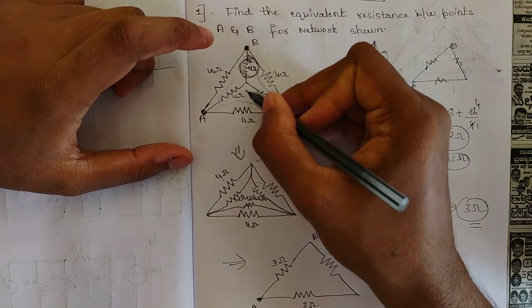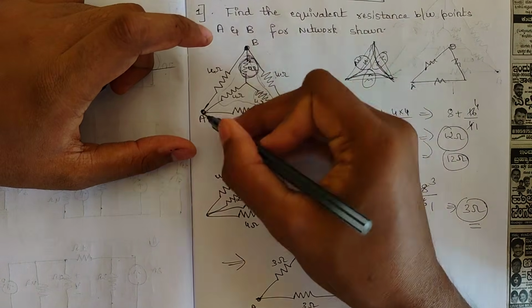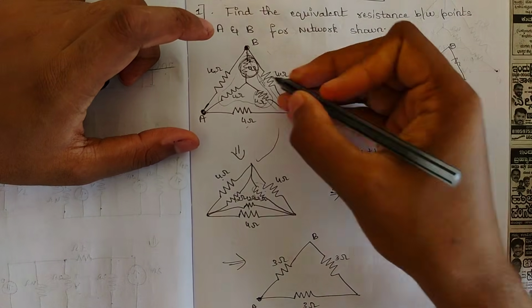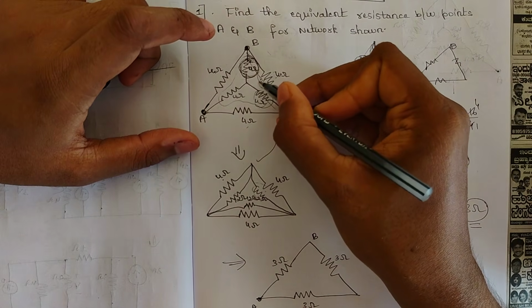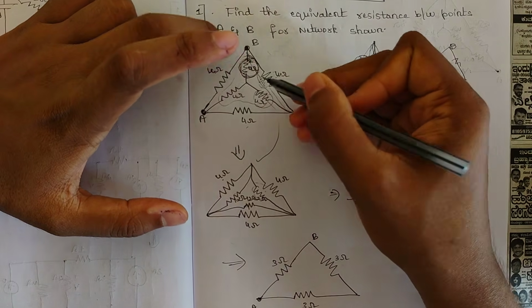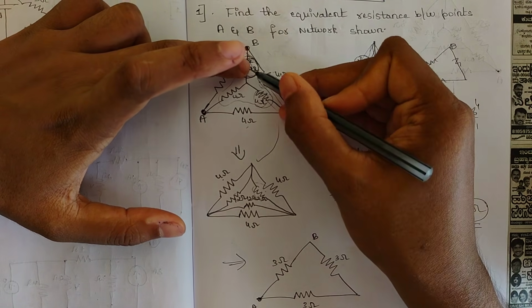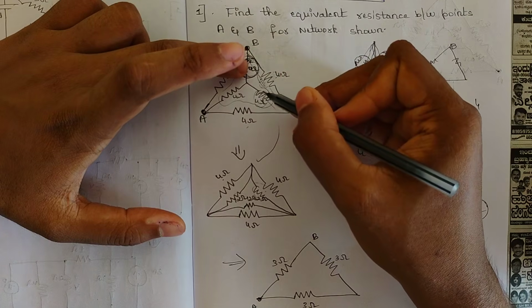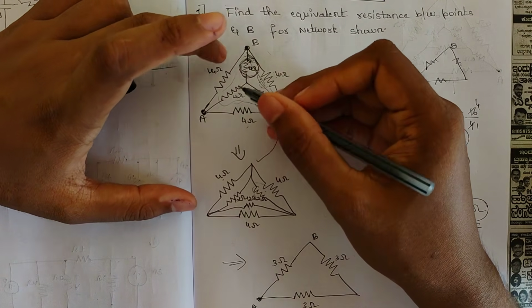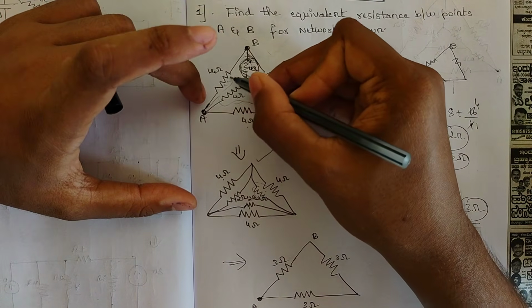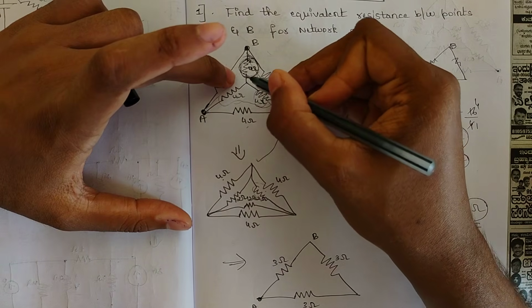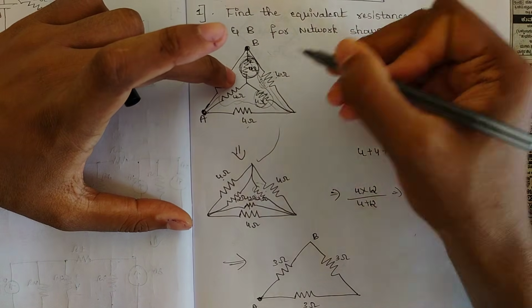This is a star connection. In order to convert this into an intermediate delta, here we should have one resistance. To find this resistance value, we consider the opposite resistances, these two: 4 plus 4 into 4 divided by 4.